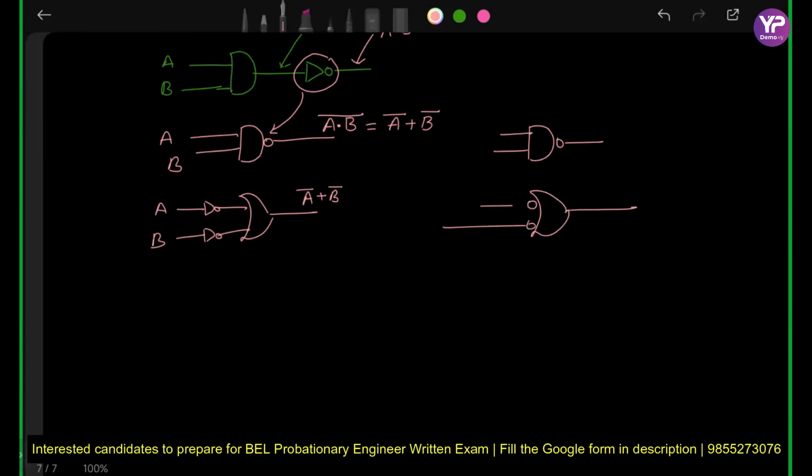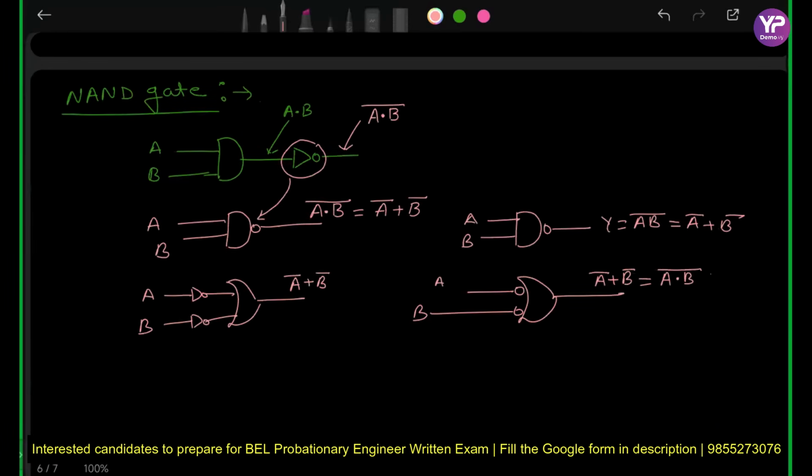There are two bubbles at the input that give the same expression, A bar plus B bar, which can be written as A and B complement. Everyone check this and tell me, did you understand the expression and the circuit symbol for the NAND gate?